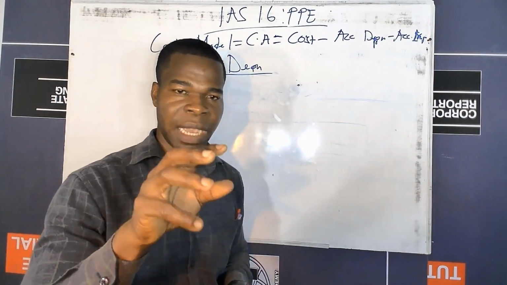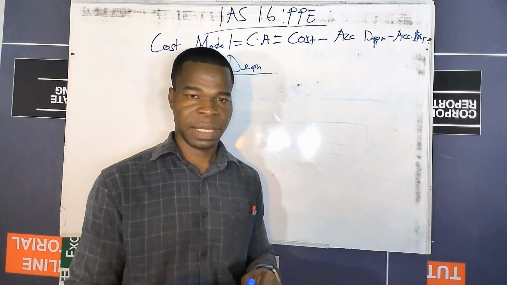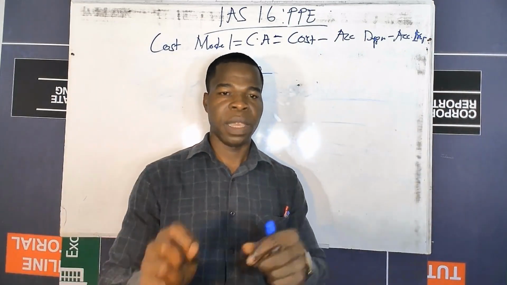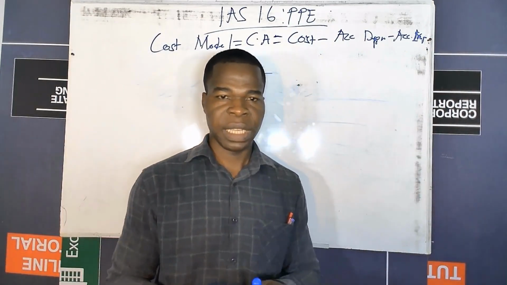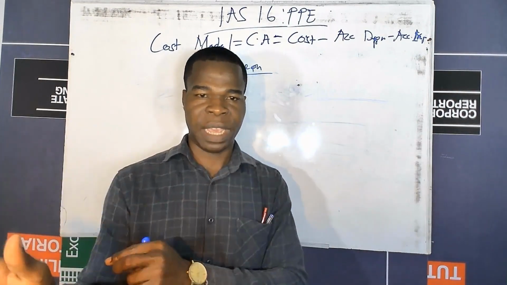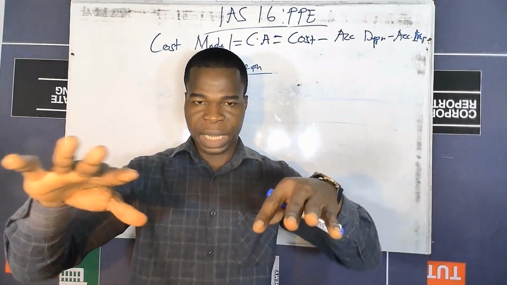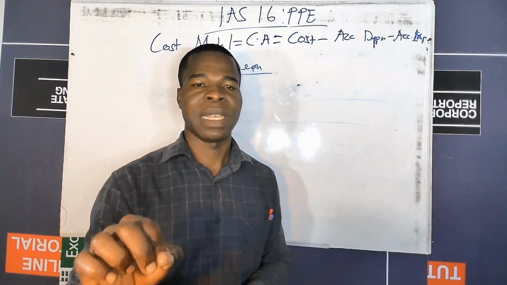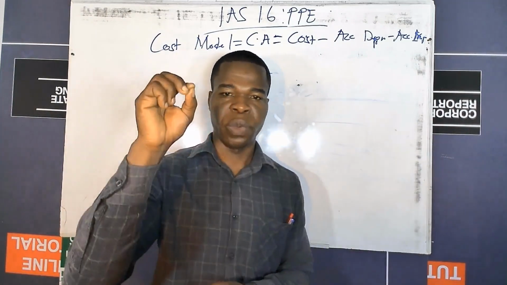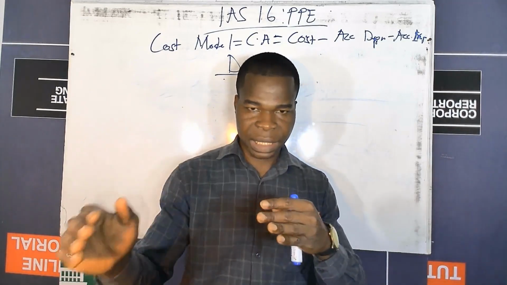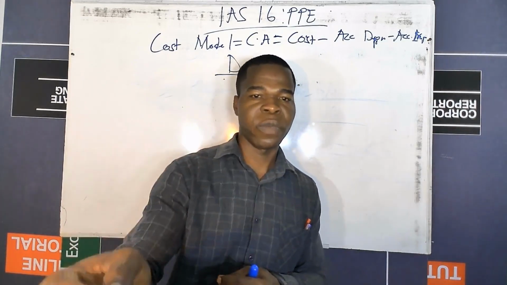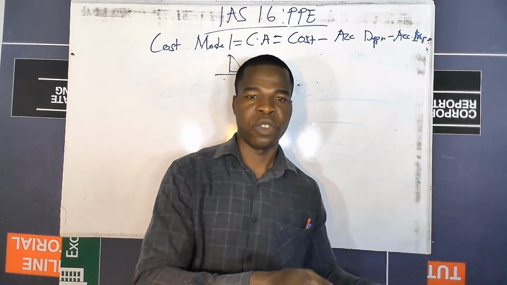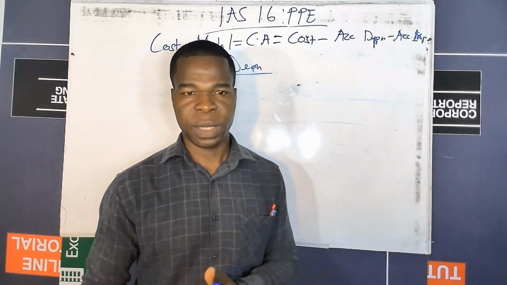Anytime an entity constructs or acquires an asset which has major components, and those major components have their respective useful life or can be separated from the major asset, then that particular major component is supposed to be depreciated separately, because the useful life of one component will be different from the other component.